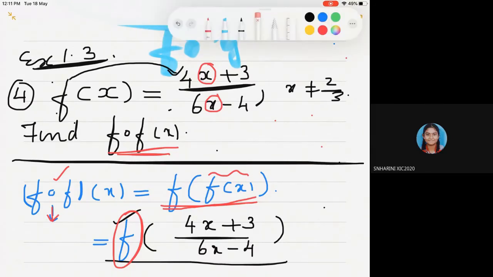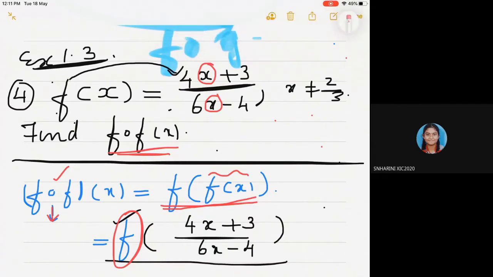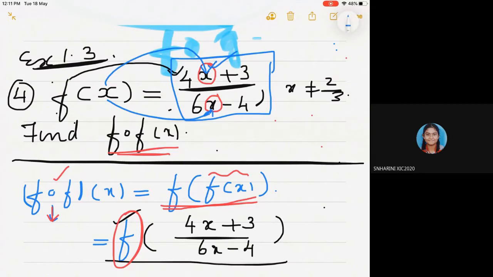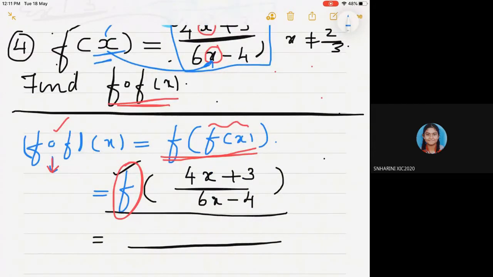And how it is removed is, you are getting a rational expression. What is a rational expression? It is 4x plus 3 by 6x minus 4. So here in the rational expression, x is written in this position and x is written in this position. So when you come to this question, when you remove f, what changes will take place?